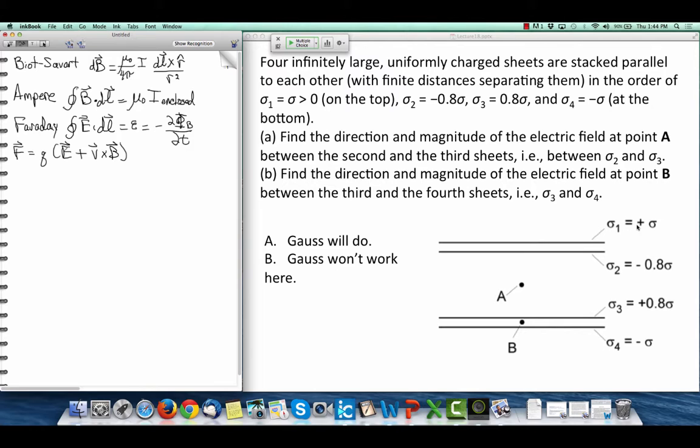Can you use Gauss's law to figure out what these fields are at these points? Remember last time on Tuesday we had at least one problem where you could use Gauss's law for 2 different objects. Each of them had a nice symmetry, and so you could use Gauss's law for those 2.